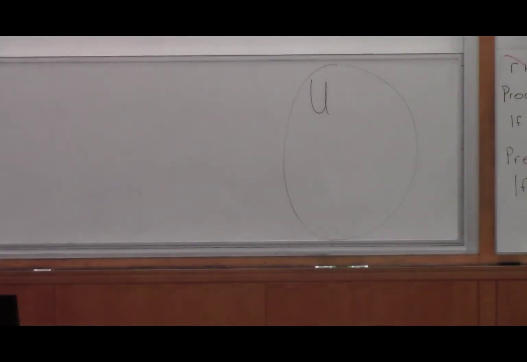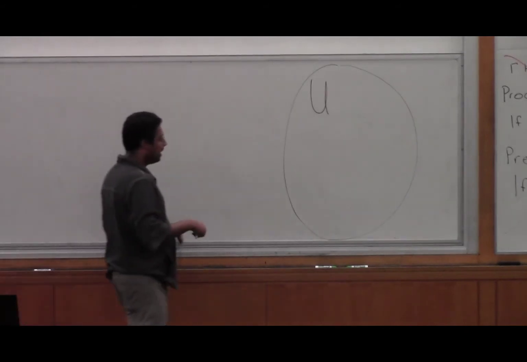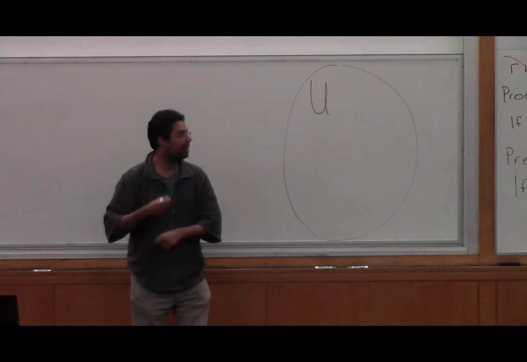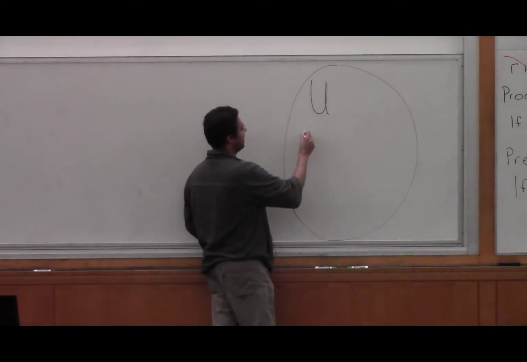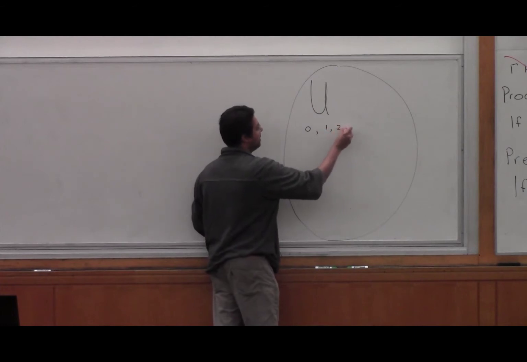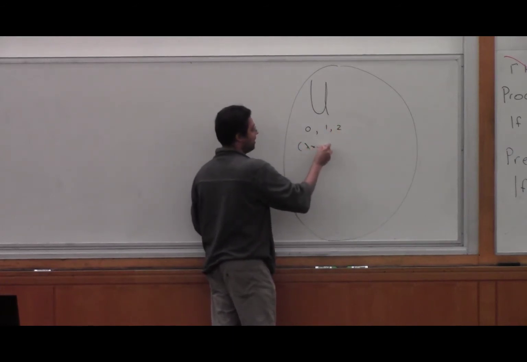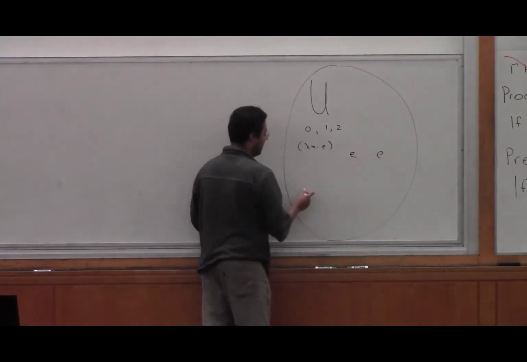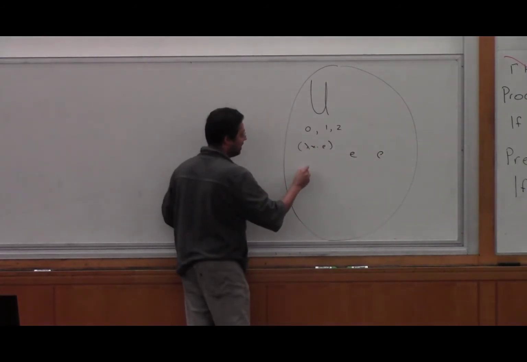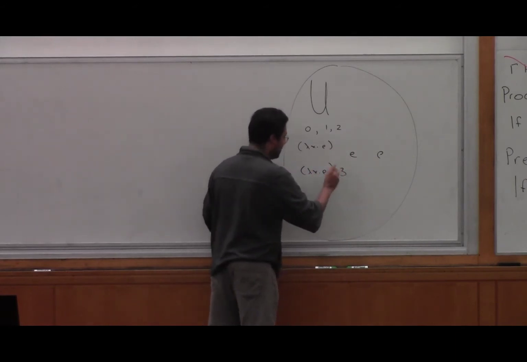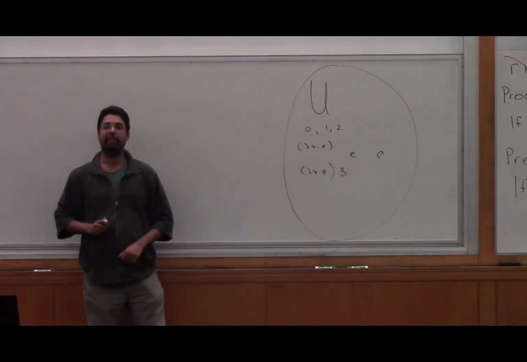And the first idea you might have is you might say, well, this thing here contains all kinds of things. Like it might have numbers like 0, 1, 2 in it. It might have some lambdas. It might have applications. Maybe even a lambda applied to something in this universe of untyped programs. So we might have lambda x dot 3 in here.